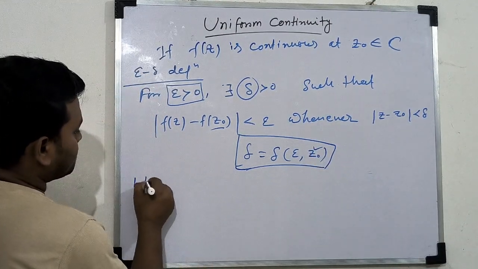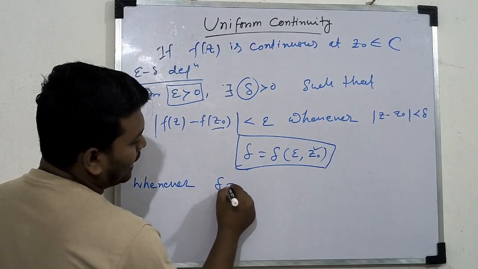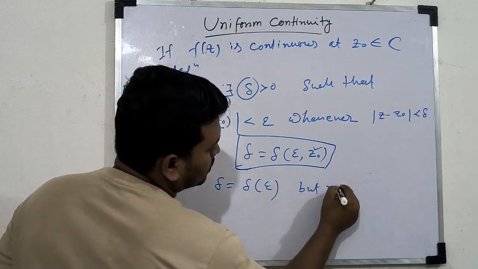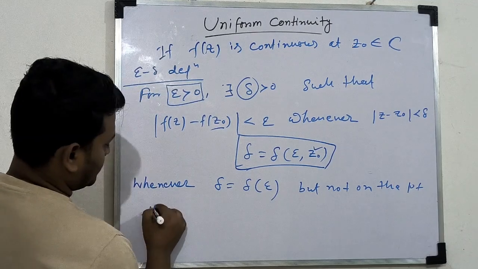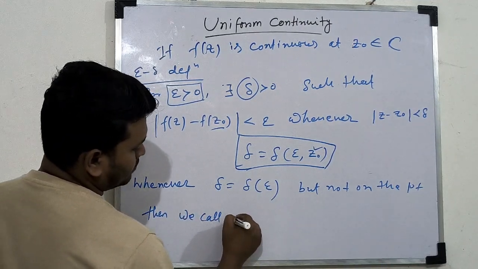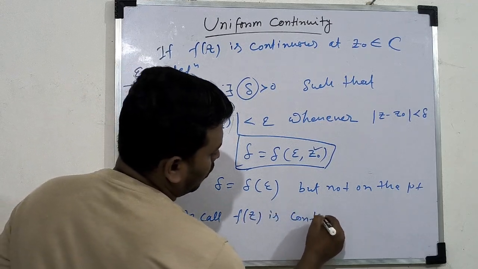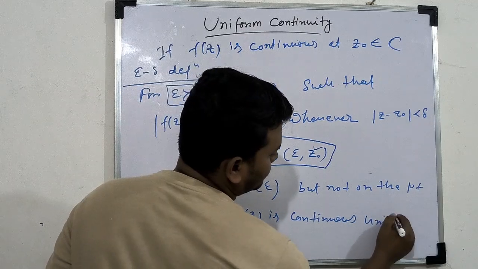So whenever this delta depends only on epsilon, not on the point, then we call f(z) continuous uniformly.